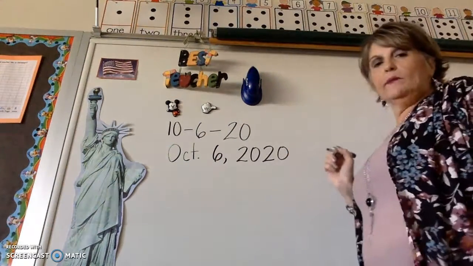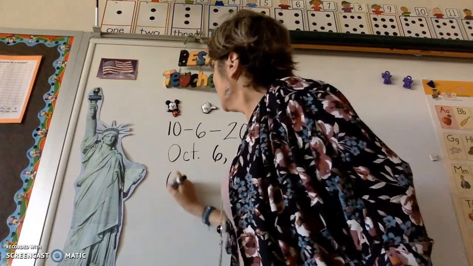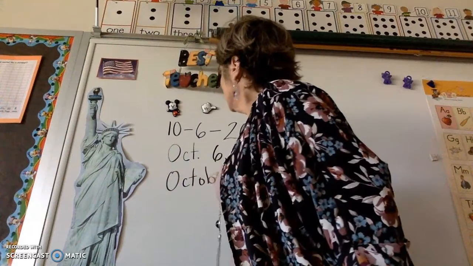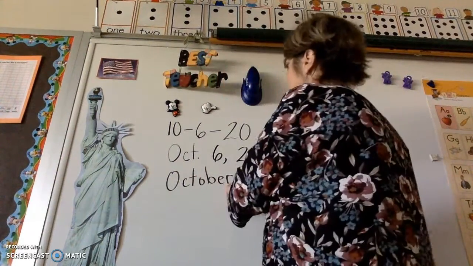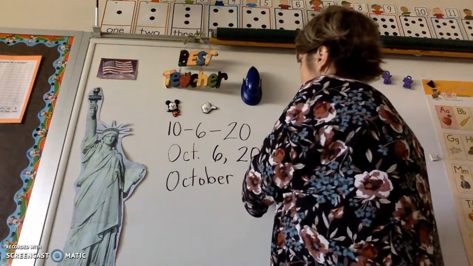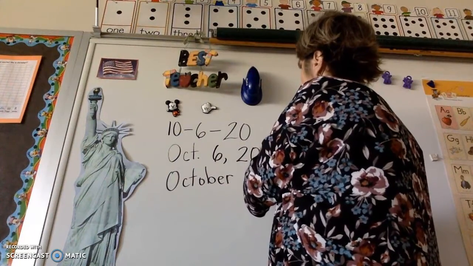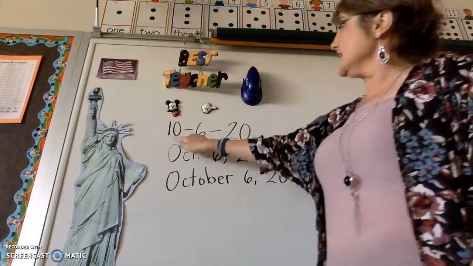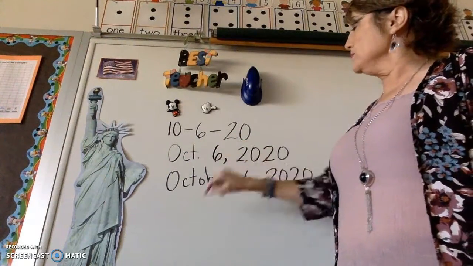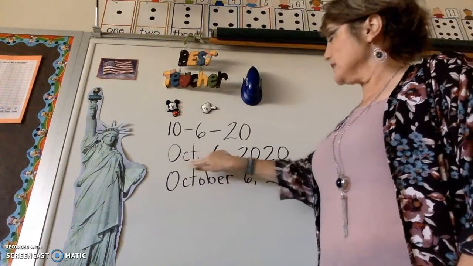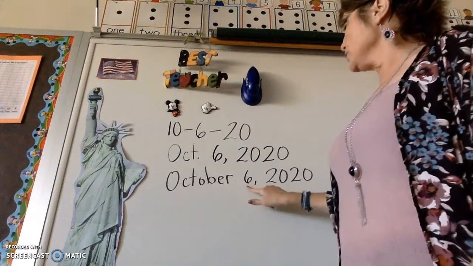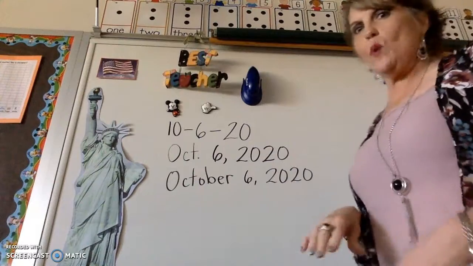Then we're going to write out the long October, finger space, 6, comma, 2020. So our date today is 10-6-20, or Oct. 6, 2020, or October the 6th, 2020.